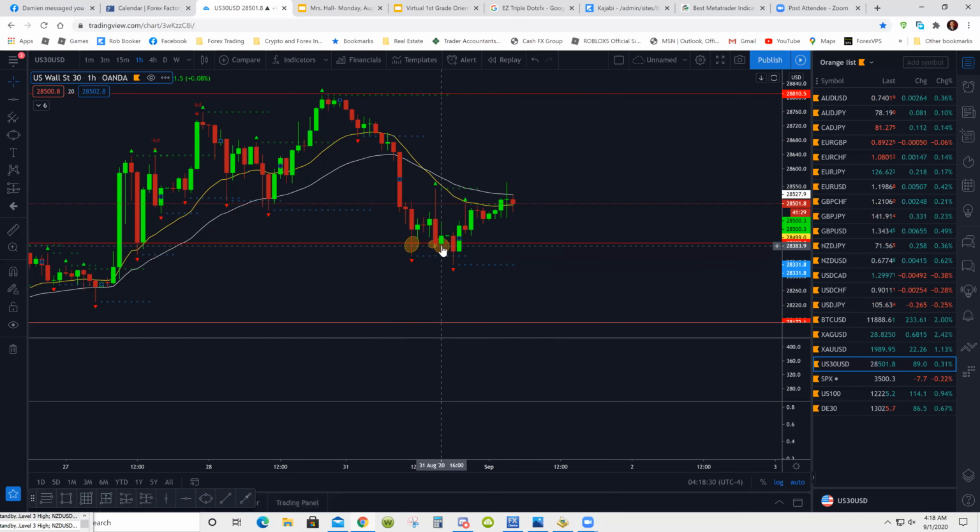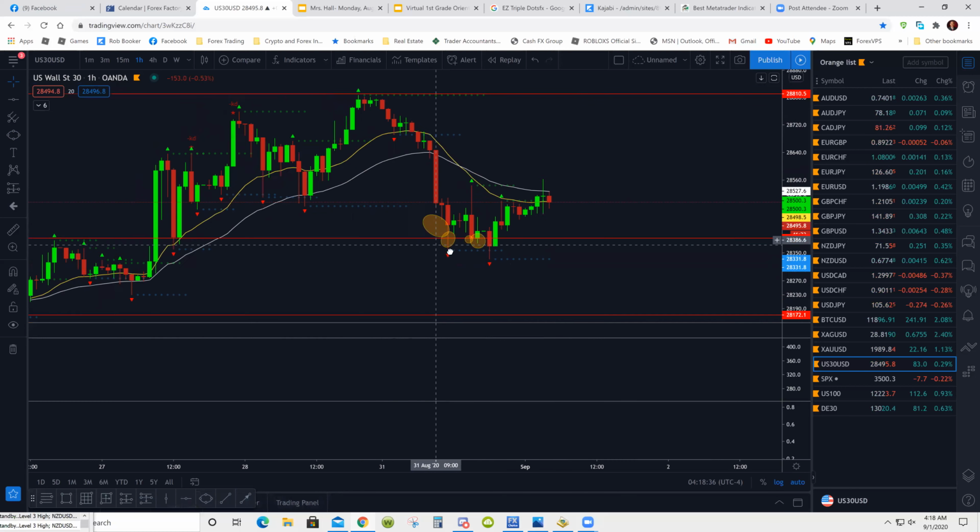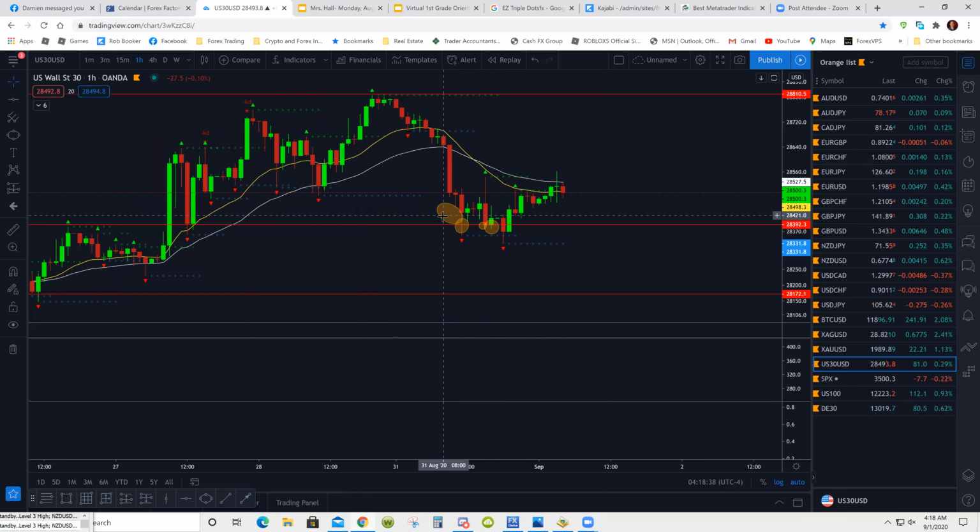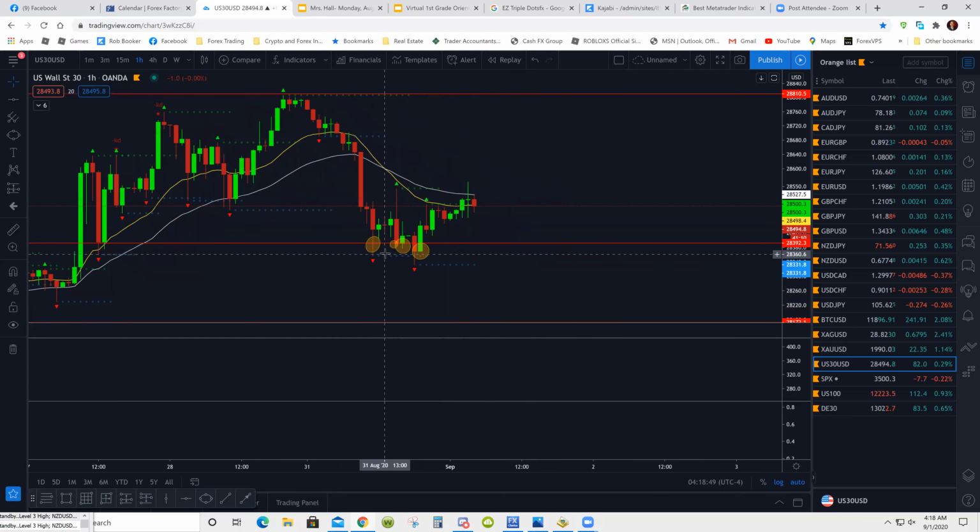Right there is a rejection point, and right there is another rejection point, and right here, these two areas. Those are all the rejection points. We got 1, 2, 3, 4, 5 rejection points.